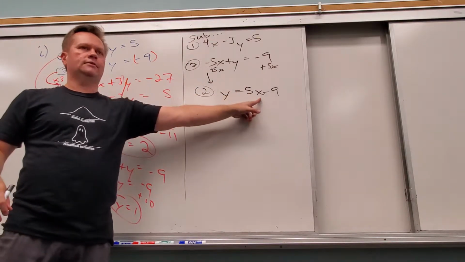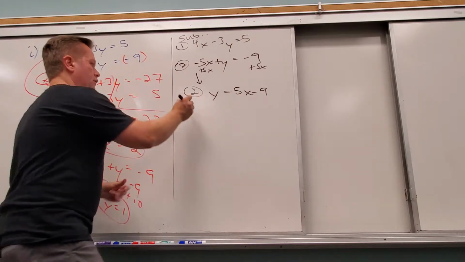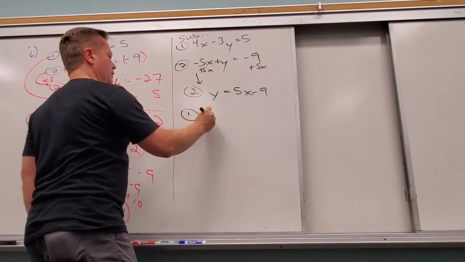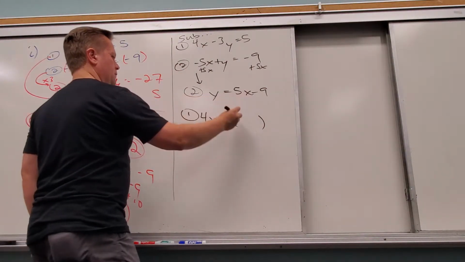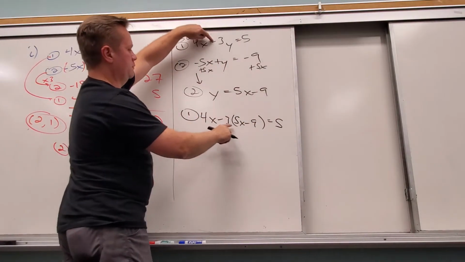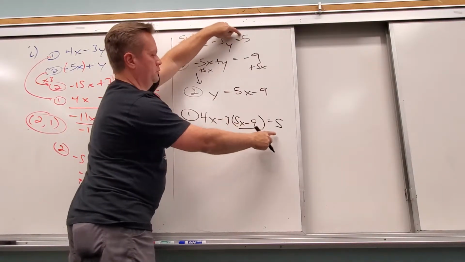Y is this. So you plug it into the y on top. Beautiful. So if I take the first piece of information and use this in it, I'm going to write 4x minus 3 times y, but what's y? 5x minus 9. 4x minus 3 times y, and y is this, equals 5.